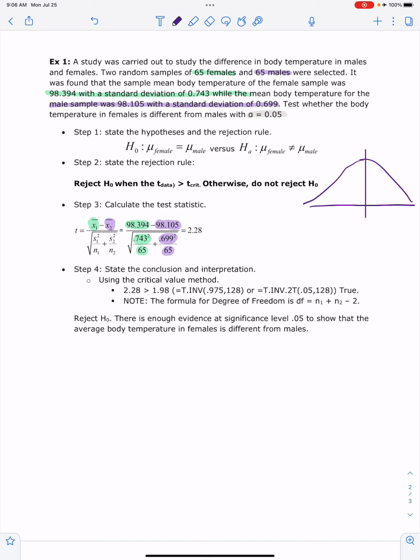Remember that we want different than means this is a two-tailed test. So my alpha equals 0.05 gets divided into the two tails. So 0.025 here, 0.025 here. Both of those are our rejection regions.